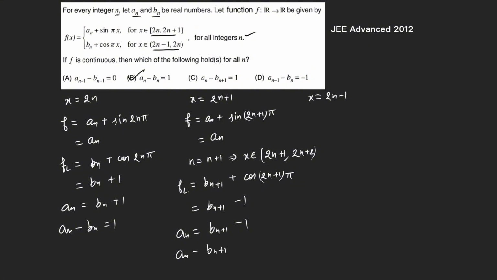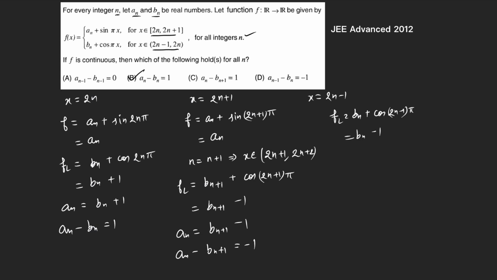And this is another relationship, but this is not available in the options. Let's now check the third boundary value. So when x equals 2n minus 1, we can see that the limiting value of f is from the second equation, which is bn plus cos (2n minus 1) pi, which is bn minus 1.